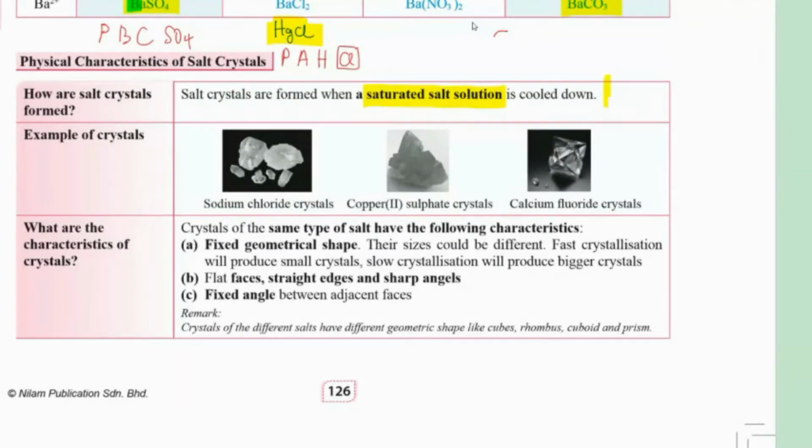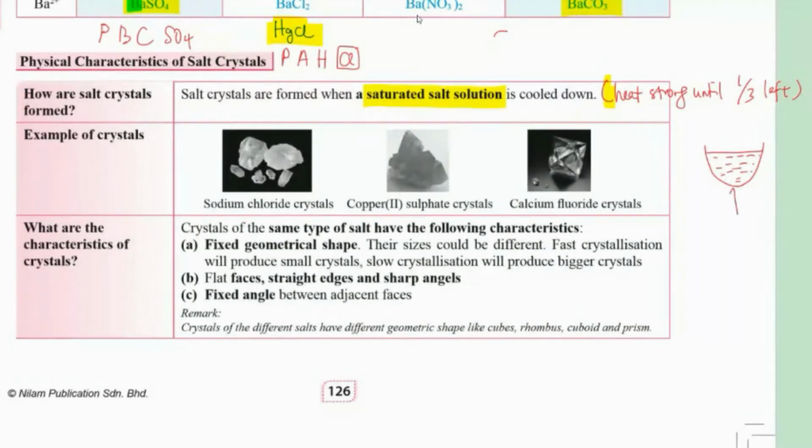Normally we heat strongly until one third is left. Let's say the solution initially is roughly like this. This is the initial salt solution.